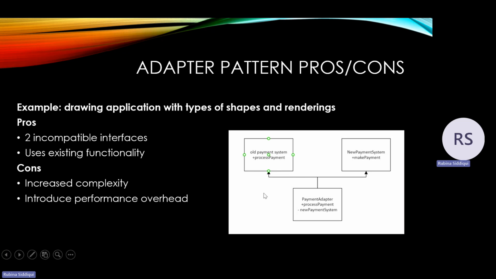And this is the UML diagram I made, for the payment system that I talked about earlier. So you have old payment system plus process payment, and then you have new payment system plus make payment, and then they're connected by the payment adapter, which has process payment and new payment system.